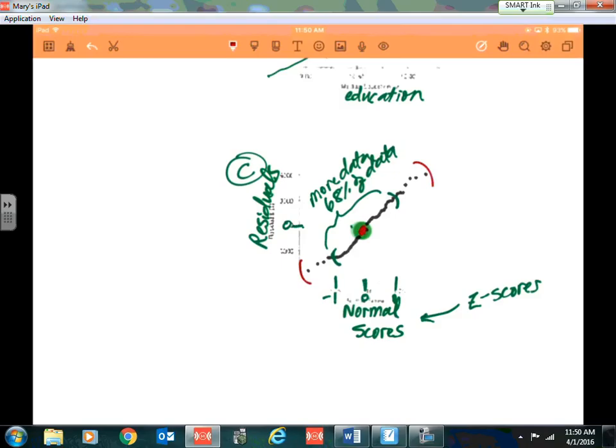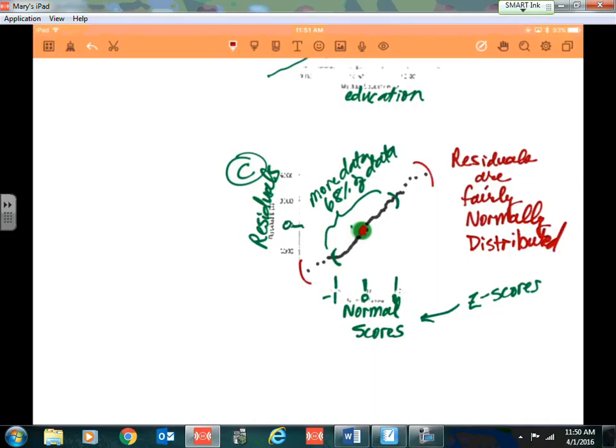Okay, so that is what this is demonstrating, that the residuals are fairly normally distributed. So that is the new kind of graph that you've never seen before that you now know how to read.